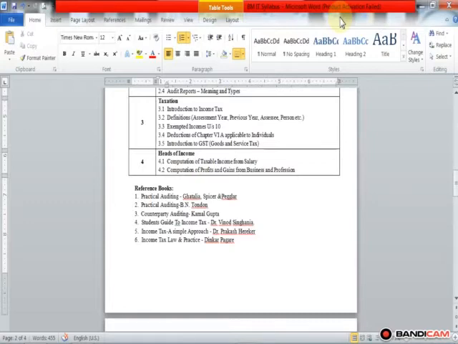Fourth unit, heads of income. 4.1 Computation of taxable income from salary. In unit number 4 we study a practical problem on computation of taxable income of a salaried person. And 4.2 we also study a practical problem on computation of profits and gains from business and profession.